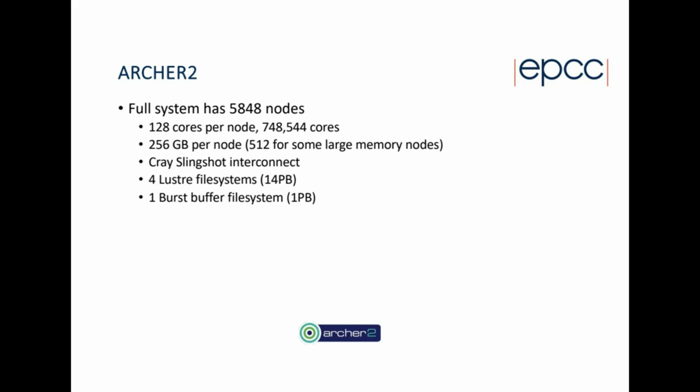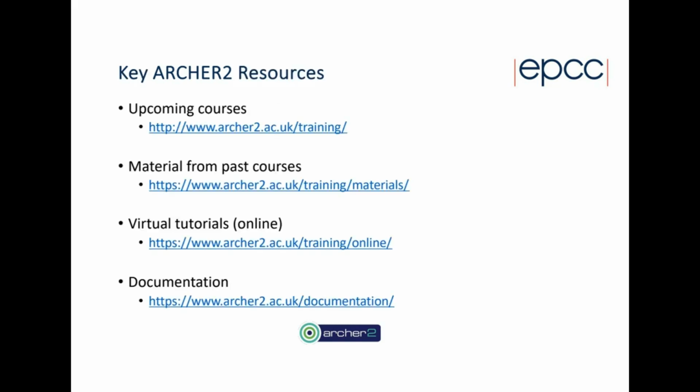There's 256 gigabytes of memory per node, except for a few large memory nodes which have double that. It uses the Cray Slingshot interconnect and has several file systems. There's actually 4 separate Lustre file systems and a burst buffer file system to support it.